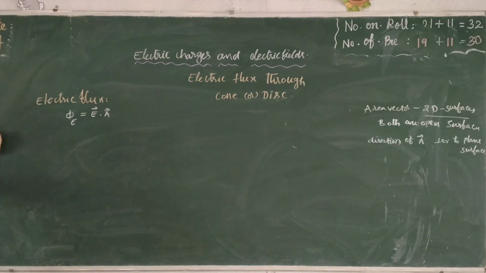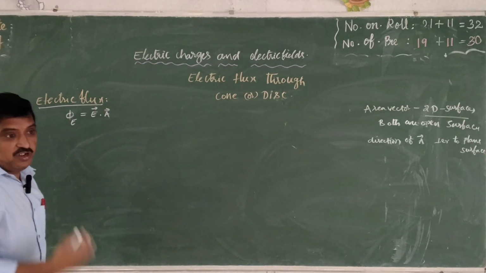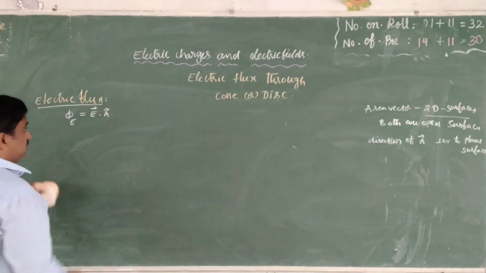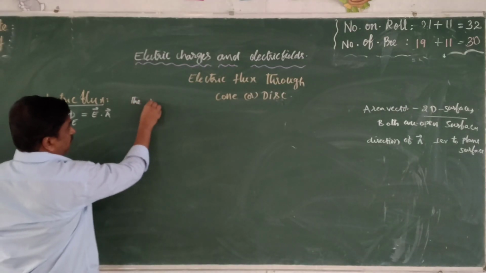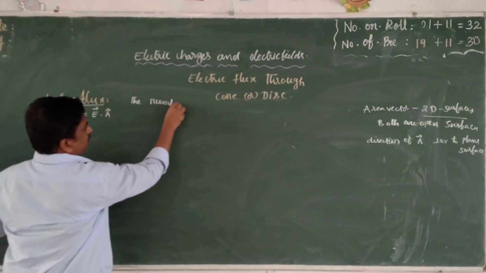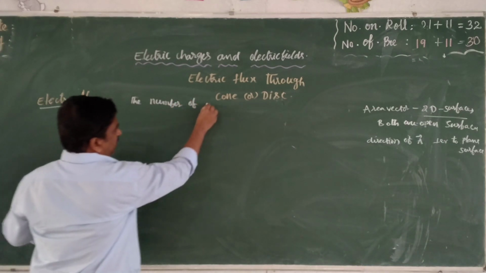So before that, see electric flux. Electric flux means the number of electric field lines passing perpendicular to a plane surface.